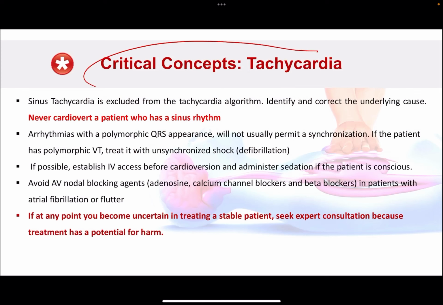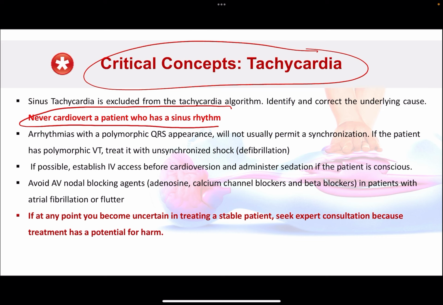Just a critical concept for tachycardia: do not cardiovert a patient who has a sinus rhythm. You would notice on the bradycardic algorithm, they have included sinus bradycardia. But for the tachycardic algorithm, sinus tachy is not included. I can go to the clinic and present with a heart rate of 120.